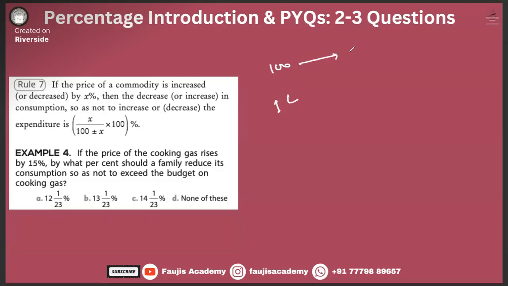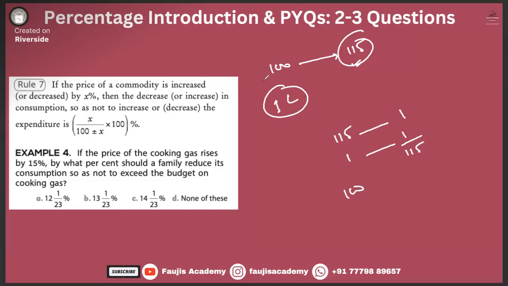Now the price has increased and it has become 115 rupees. Earlier they used to buy 1 liter. Now they will buy less because the cost has increased to 115. So in 115 rupees, 1 liter comes.